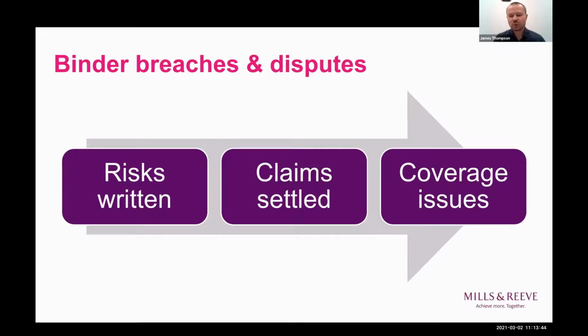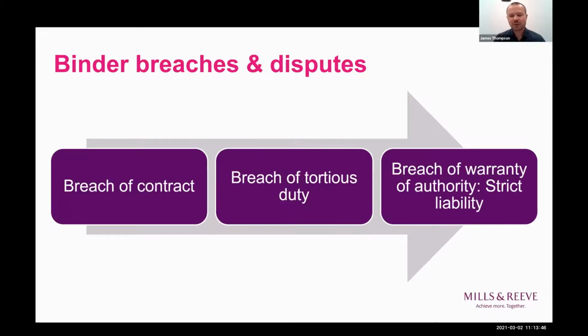If we can just move on to the next slide and think about the different sorts of claim that you could face as a cover holder or managing agent. And it's important to flag that you could be facing a claim from your capacity provider in breach of contract, going back to the delegated authority agreement. A breach of that agreement will be a breach of contract, and so a breach of contract claim could be advanced against you.